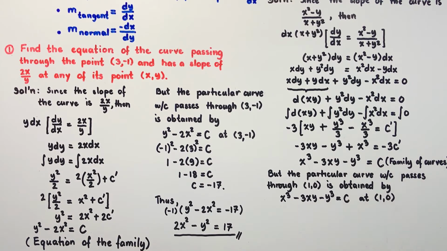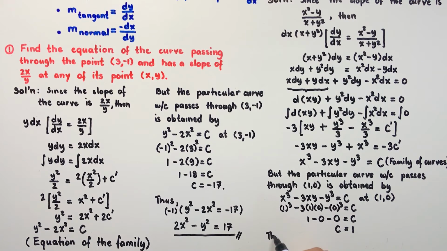When you substitute our x and y into this equation, we have 1 cubed minus 3 times 1 times 0 minus 0 cubed, which is equal to the constant of integration c. So we have 1 minus 0 minus 0 equals c. Therefore, our c is 1.